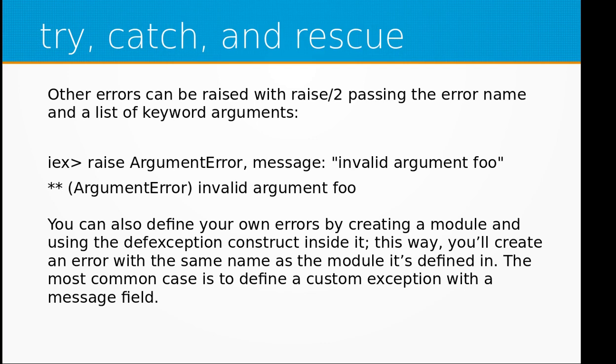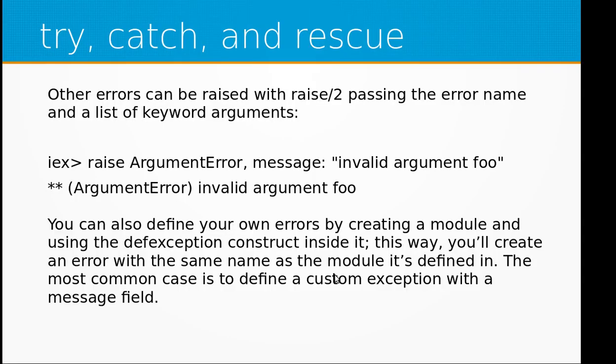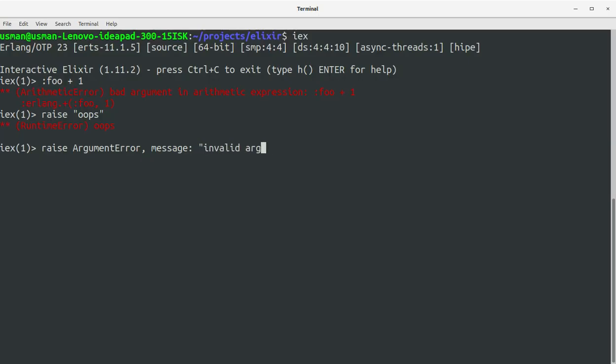For example, if we want to raise an argument error and display a message, we can simply say raise ArgumentError and pass a string message saying "invalid argument foo", so we get an argument error.